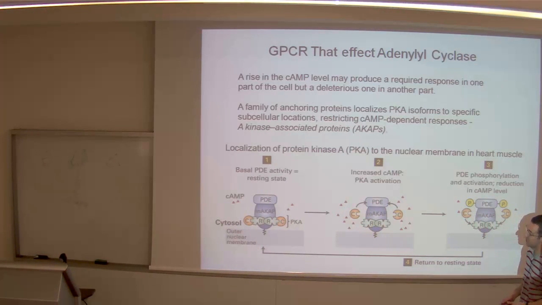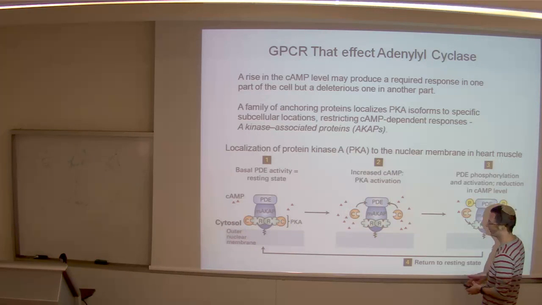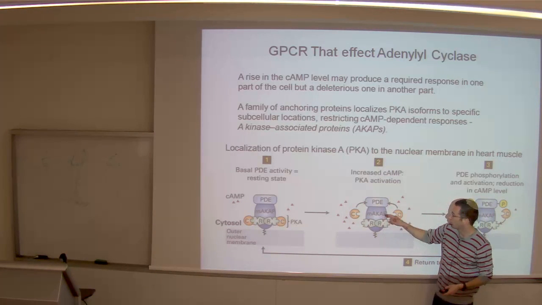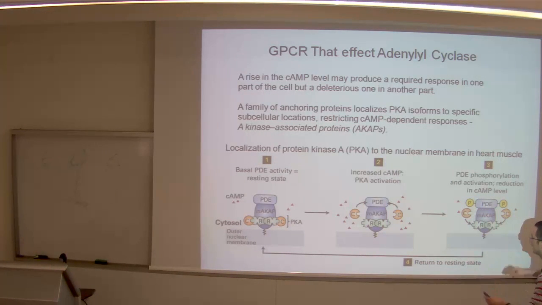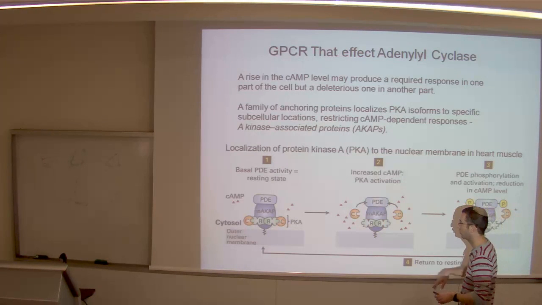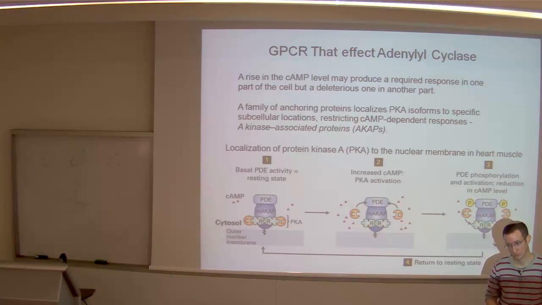Well, I guess maybe some other components stick to the same complex. I don't know. But all I know is that PKA, through PKA-associated proteins, is linked with PDE. You're right, maybe cyclic AMP will increase to certain levels in the cell. I guess the increase in cyclic AMP levels is also localized in some process. I'm not sure. What we do know is that this process plays a role.